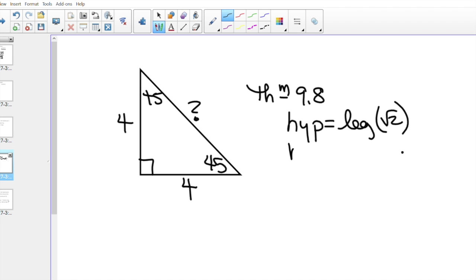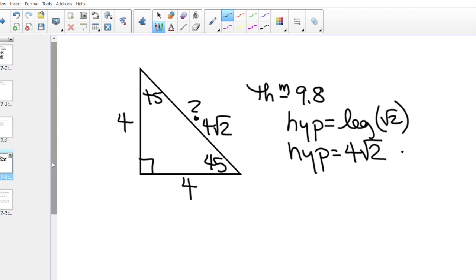And so the hypotenuse is equal to 4 times the square root of 2. And that's the answer for the hypotenuse. We're going to be given the leg and determine the hypotenuse of a 45, 45, 90-degree triangle.